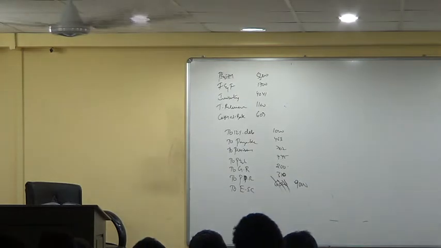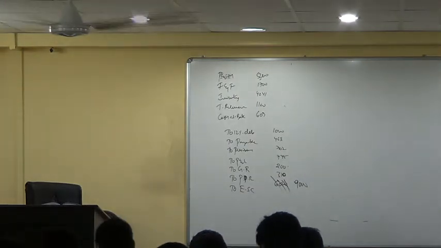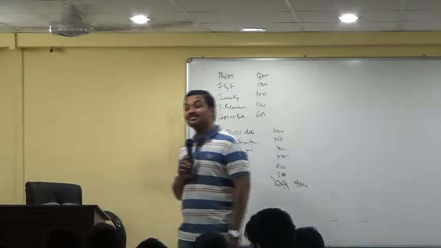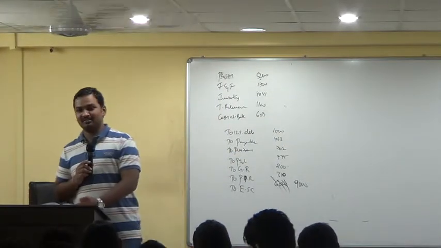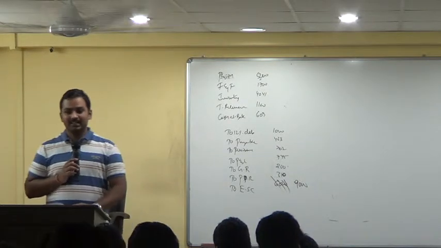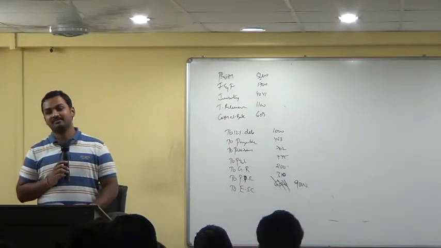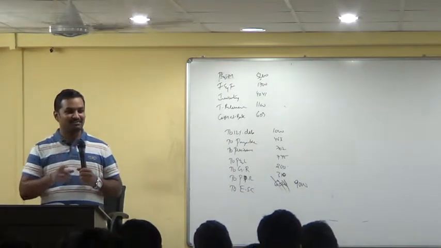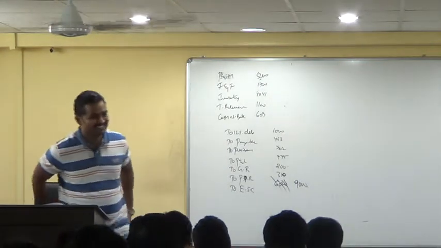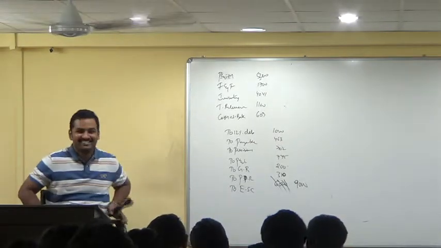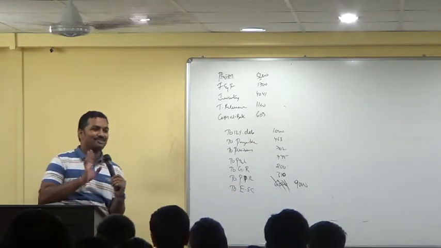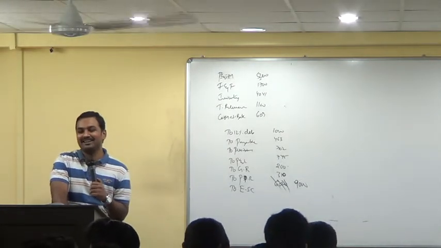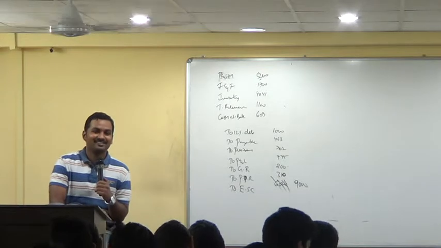Is the entry tallying? Yes, sir. It should tally. People are checking, that means you don't have belief. But if you don't have blind belief, please check whether the debits and credits are equal or not.